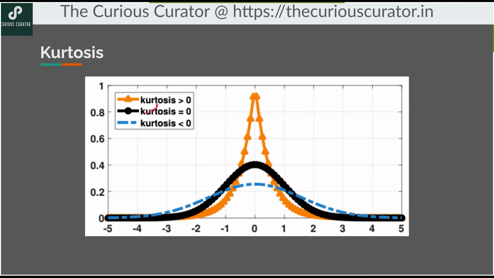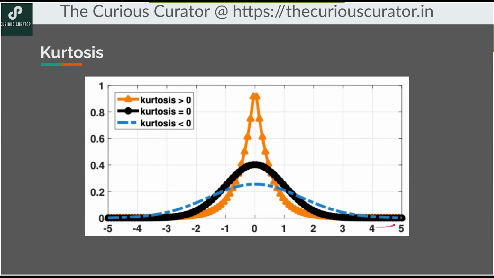Then kurtosis. By the way, this is excess kurtosis, not kurtosis. So this black distribution is your Gaussian distribution. And then you have the orange distribution, which has a positive excess kurtosis. And then there's this blue distribution which has excess kurtosis which is negative. And what kurtosis tells us is how heavy the tail is. By heavy, I mean how far things can be from the mean.